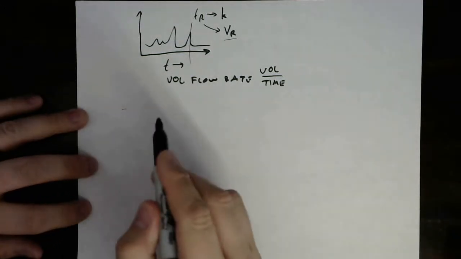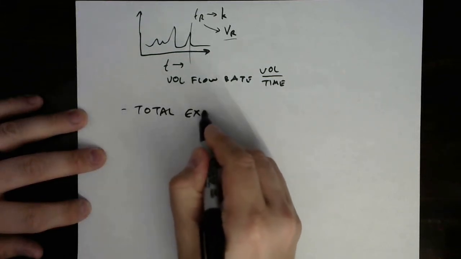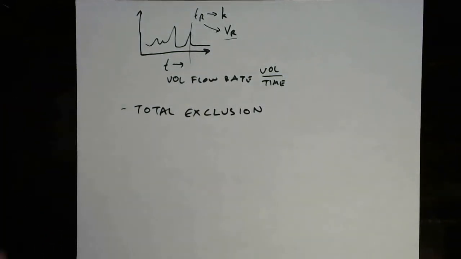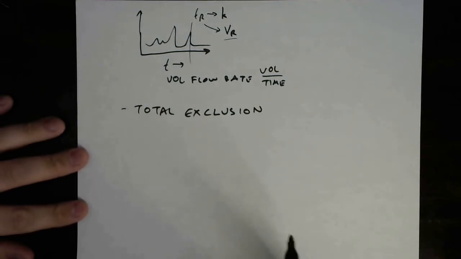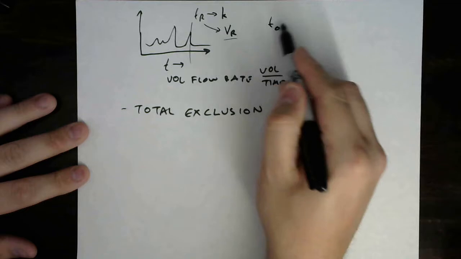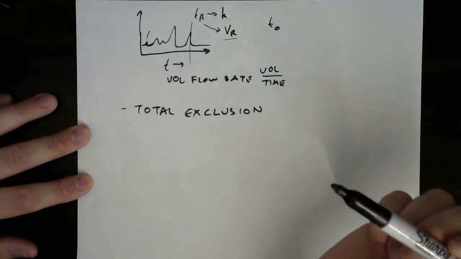Okay, so first let's start with total exclusion. If we're saying that a particle is too large to interact with the stationary phase, it is by definition an unretained species. We had this terminology when we were talking in time about the void time, T0, which was always this first little blip of a peak that comes out.